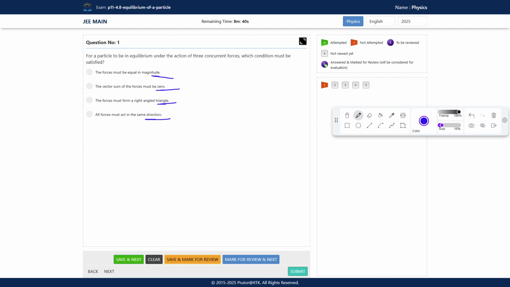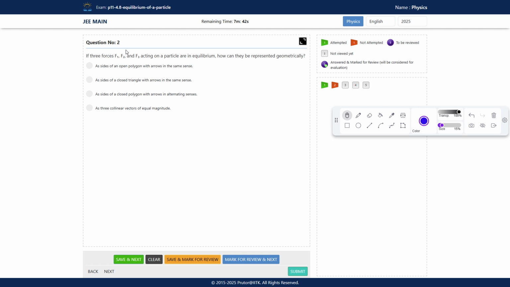Which one is correct? A, B, C or D? Next question.